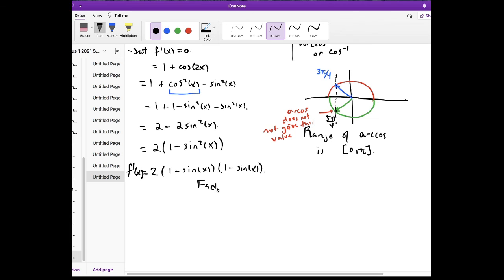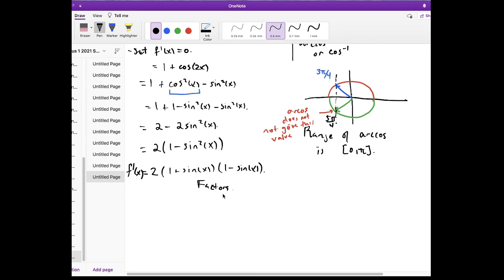So when you factor something, it's going to be very nice and easy to use the derivative test. And I'll show you a way that if you did it a different way, you might get something tricky.